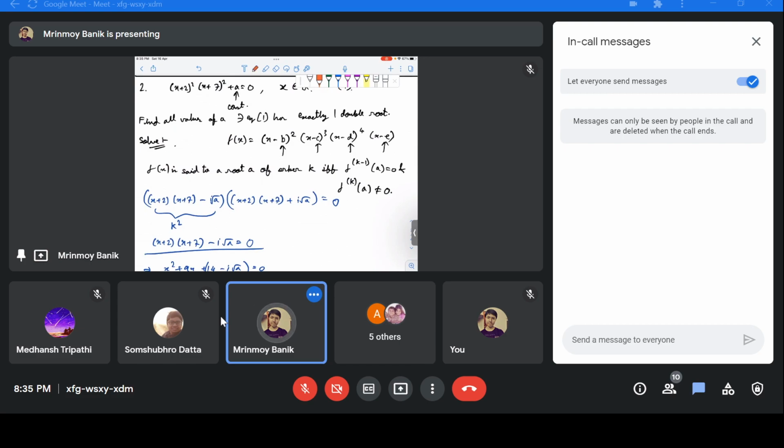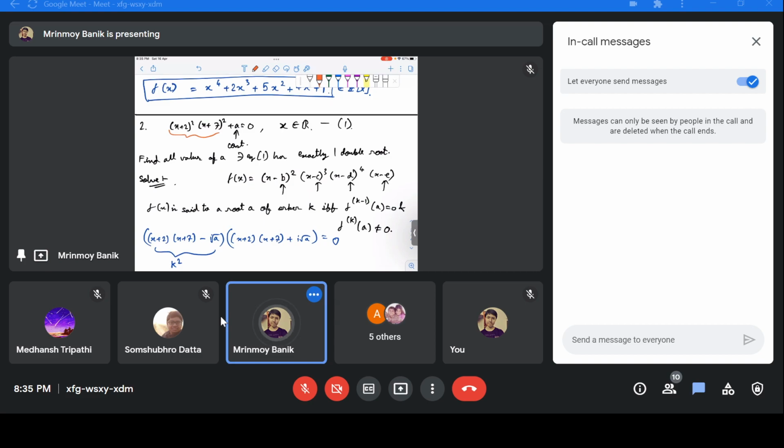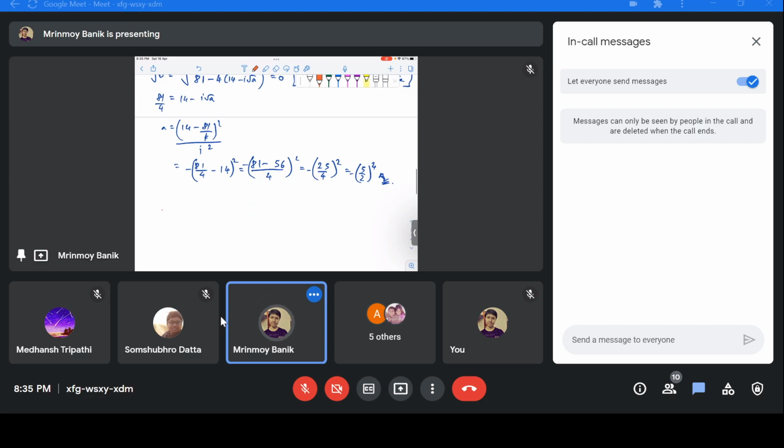So this part, let us call it some g(x), and first I did wavy curve on that. So we have got g(x) equals (x plus 2) squared (x plus 7) squared.